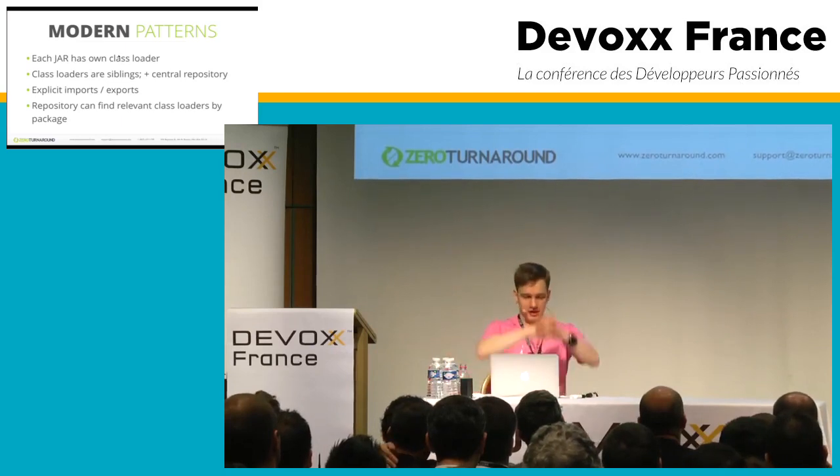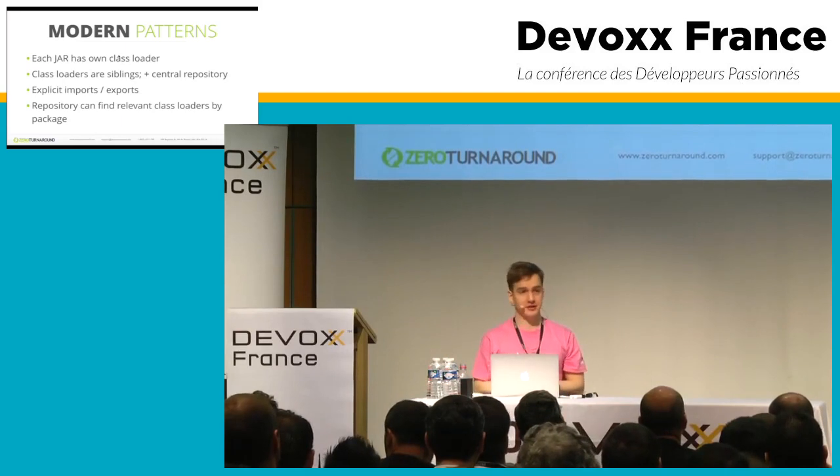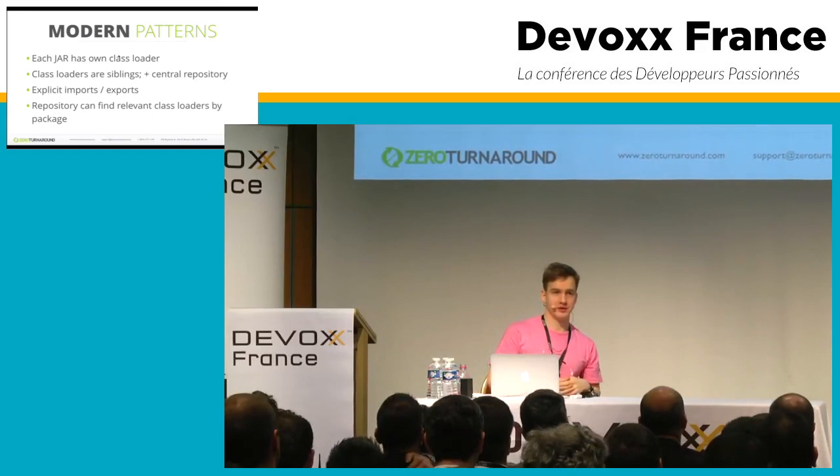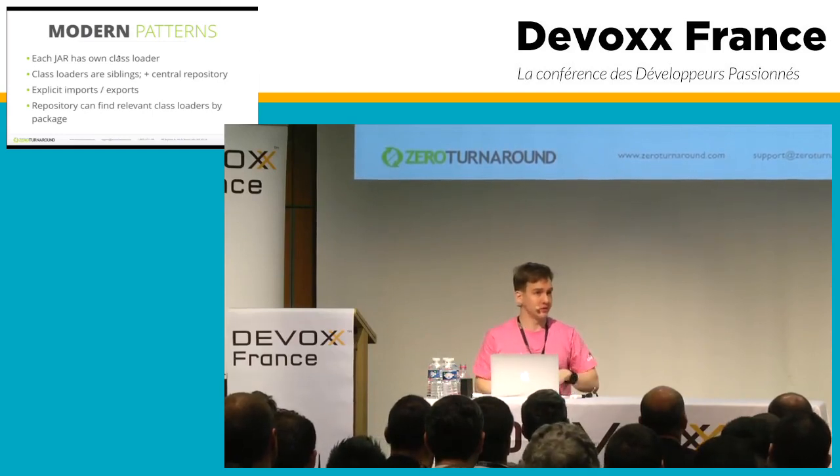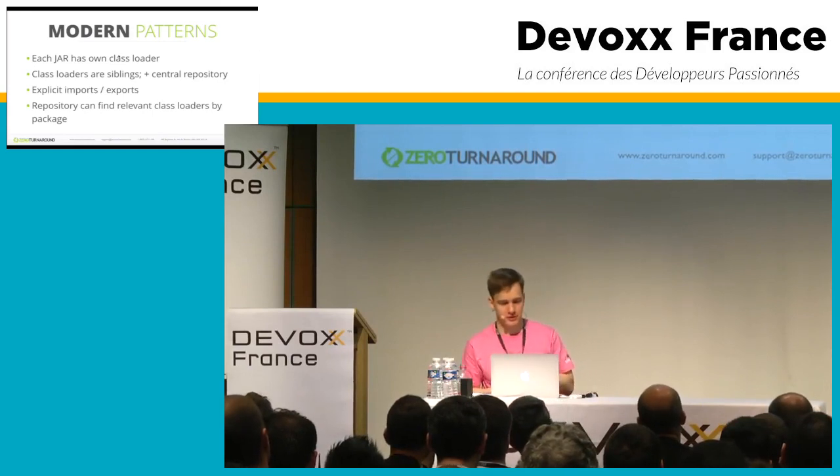So, to wrap it up, we actually can do better than this hierarchical tree structure of class loaders, with the exception of web module class loaders loading classes eagerly and greedily first.